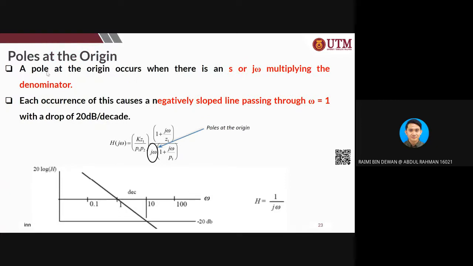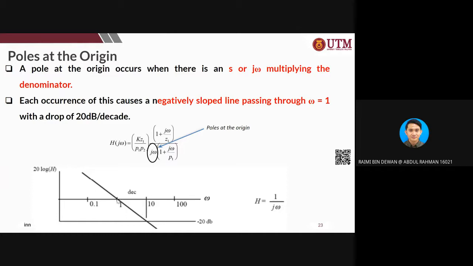The next is poles at the origin. Poles at the origin is where you have s or j omega at the bottom part. How we represent them is a negative slope still passing through 1. However, the gradient is negative, which drops on this trend. So it's negative 20 dB per decade.